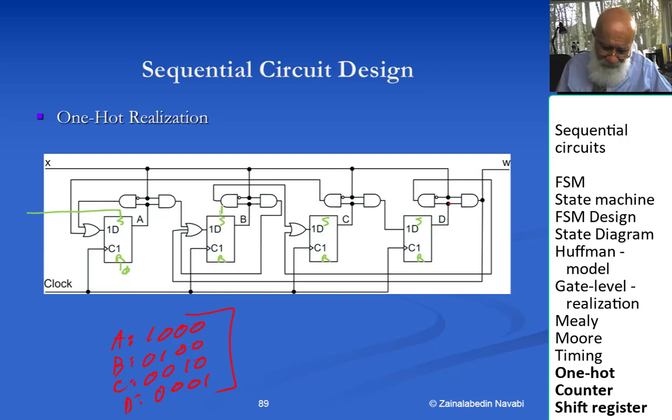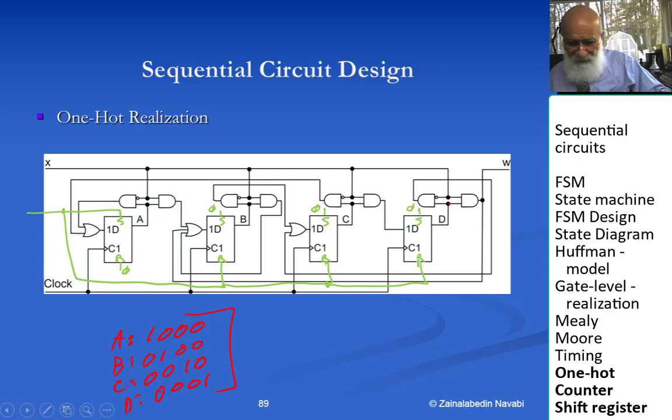On the other hand, the set is going to be 0, not activating it, not activating it. And then this same line goes into the reset of this, like that, goes into the reset of this, goes into the reset of this.